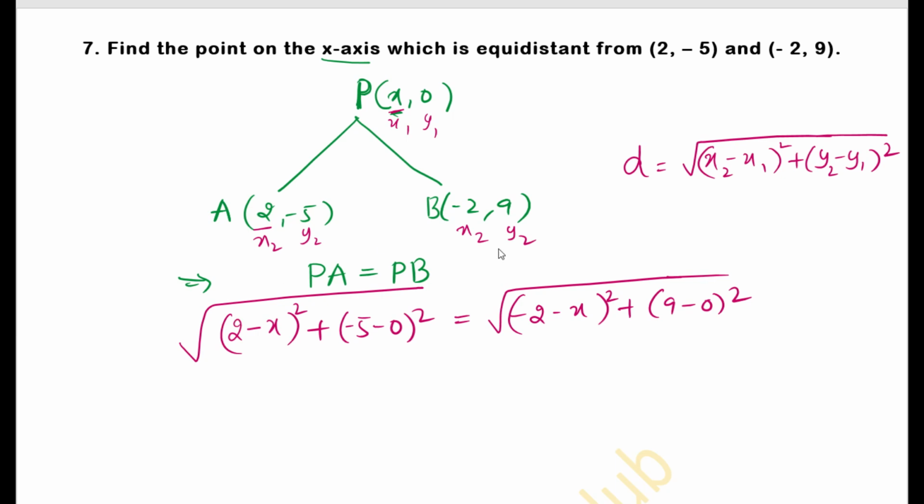Now to remove the square root, on both the sides, what will I do? I'll square on both sides in the first step. I'll write it as PA square and PB square, so that the square root will cancel out.